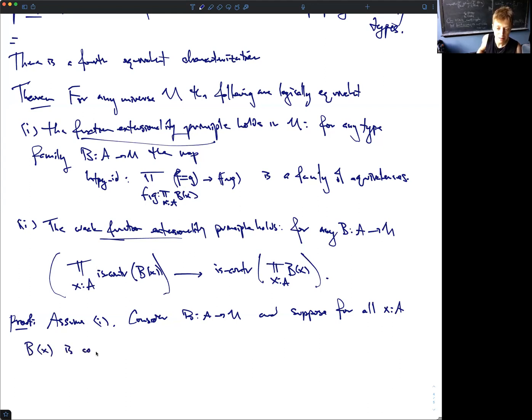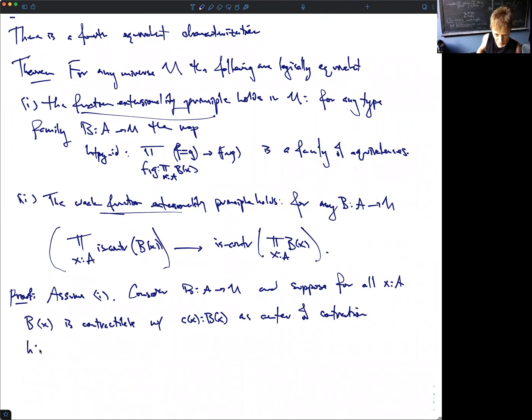We're going to use the proof of this, the data involved in a proof of contractibility. So let me give names for it. c of x in B of x is the center of contraction, and in the notes I use the capital letter, but I think my handwriting is not quite good enough for that, so let me use h of x as the contracting homotopy.